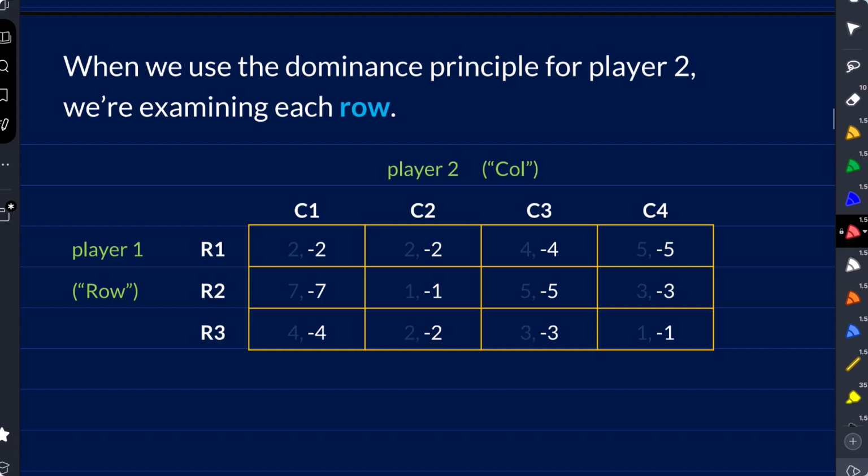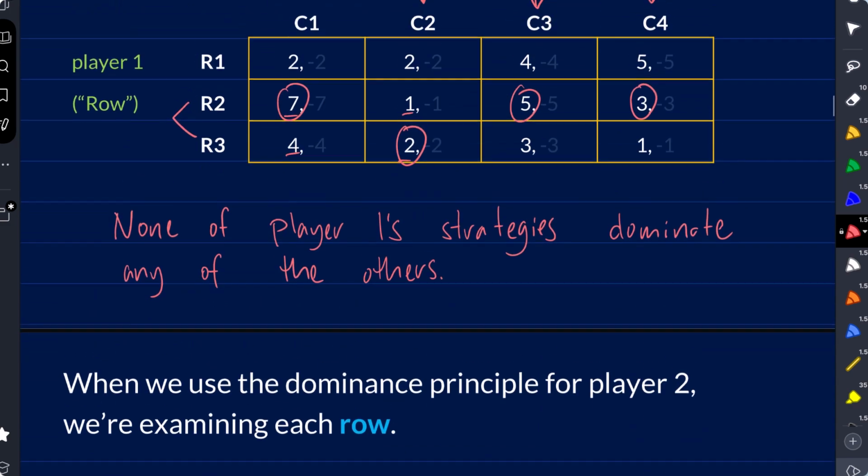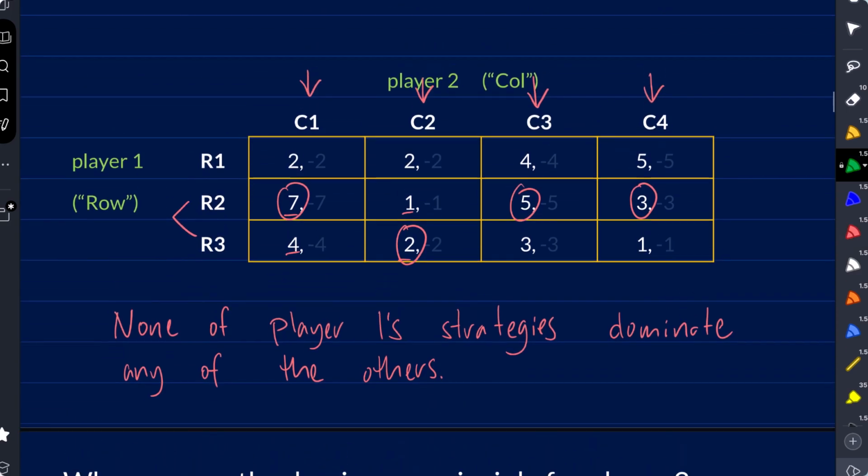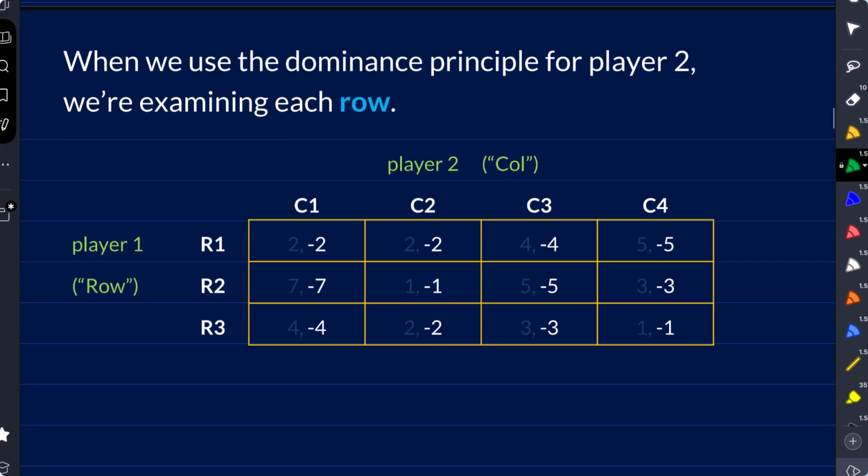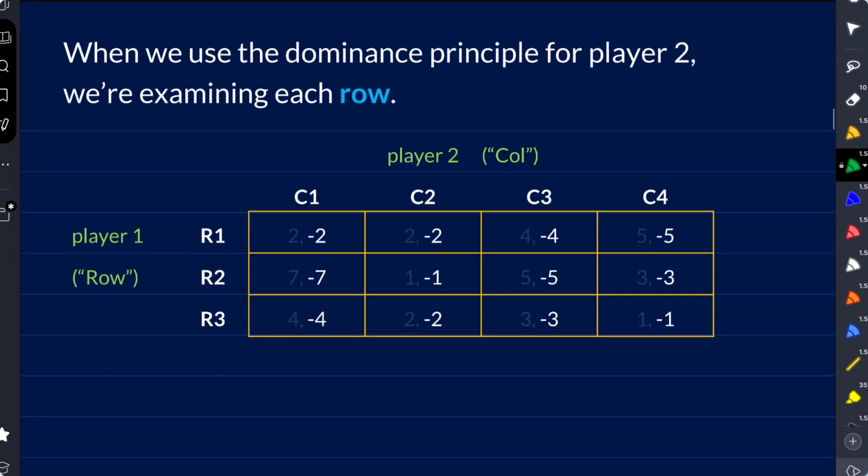Now, when we're doing the dominance principle for player two, we just have to make sure that we are looking at the rows, not the columns. When I was just considering whether either R2 or R3 dominated the other, I was comparing them in columns. Now I want to compare the outcomes in rows. So we'll start with C1 and C2.